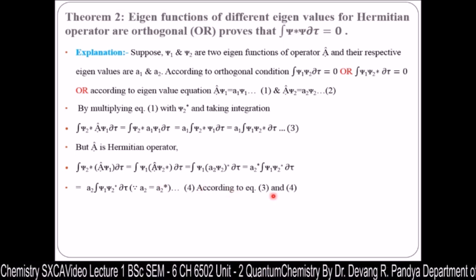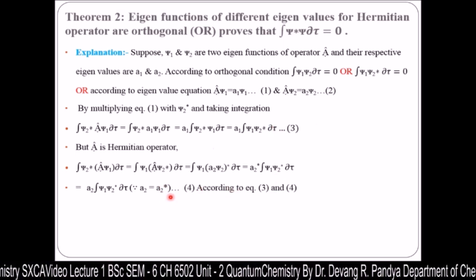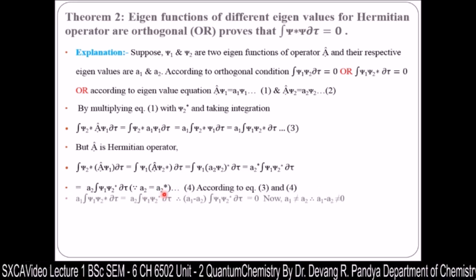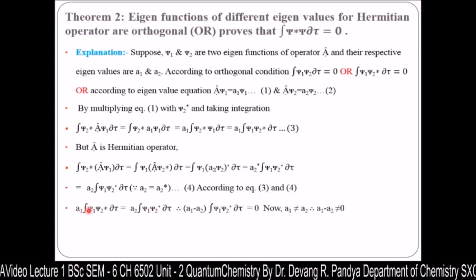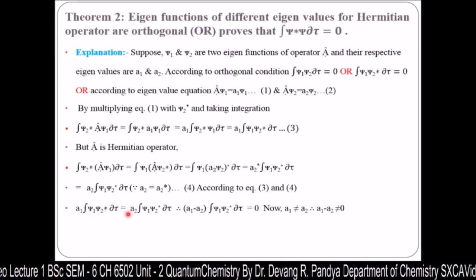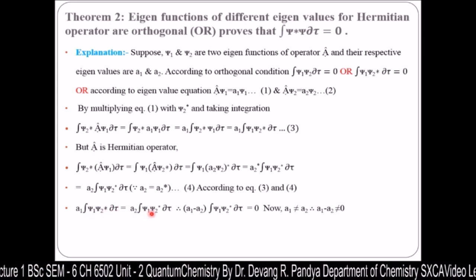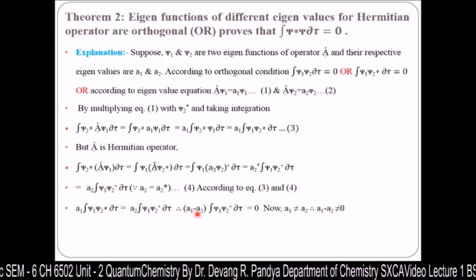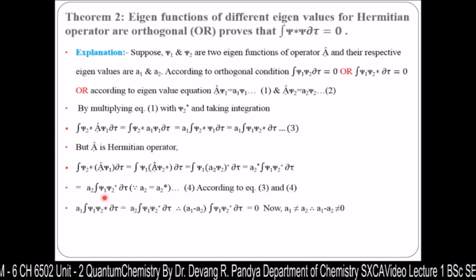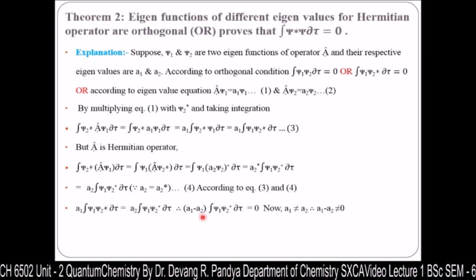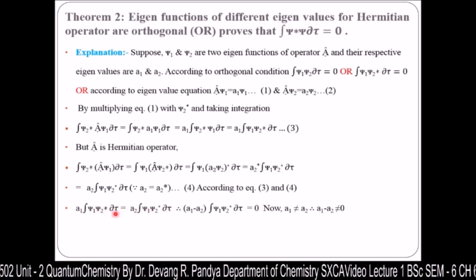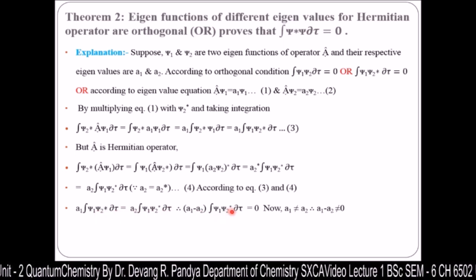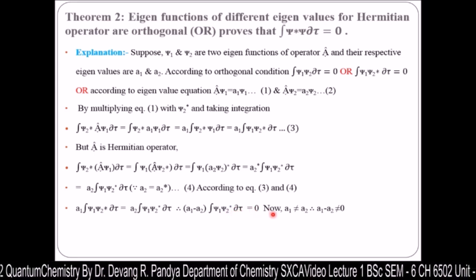According to equation 3 and equation 4, A1 integration psi 1 psi 2 star d tau is equal to A2 integration psi 1 psi 2 star d tau. Therefore, A1 minus A2, keeping this on one side, and the integration psi 1 psi 2 star d tau is common, is equal to 0.